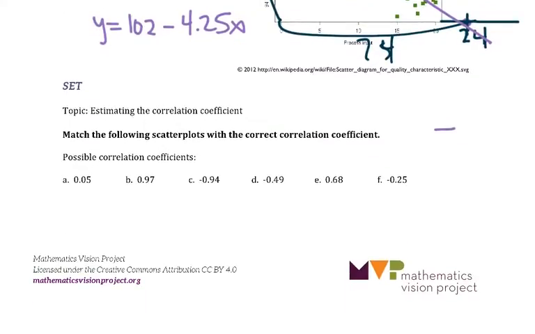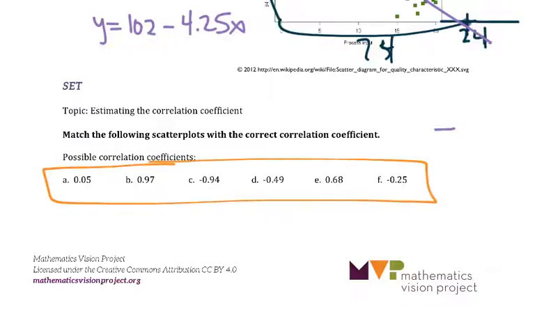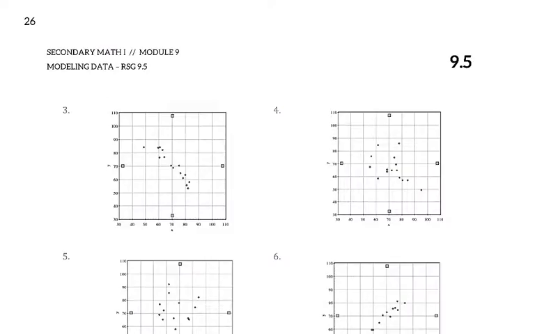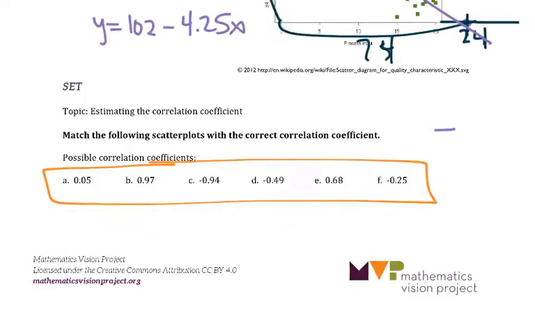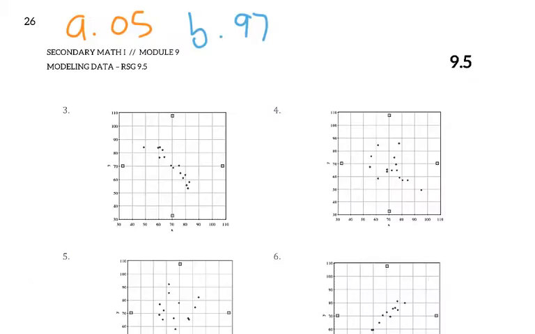Now, for the next ones, we need to take these numbers and put them on the next page. So A was 0.05, B was 0.97, C was negative 0.94.